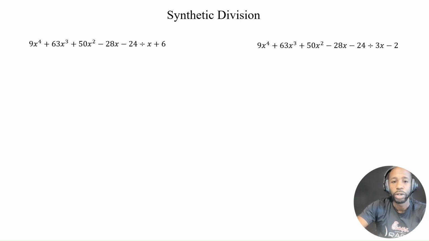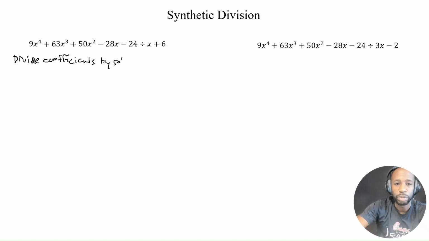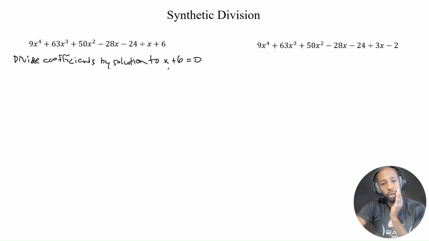So in other words, we're going to divide the coefficients by the solution to x plus 6 equals 0, or in other words, x is going to be equal to negative 6.